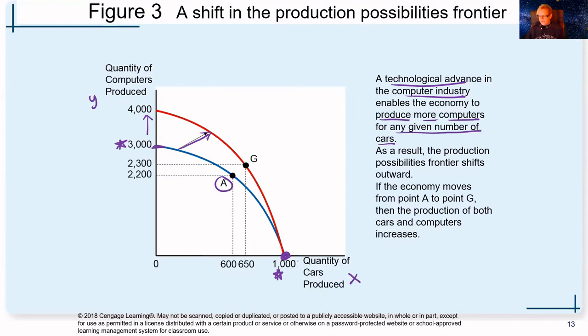If this were a different exercise and it allowed us to produce more at both points, then we would see the shift on both axes. So first pay attention to which one it is making easier to produce, and that's the one that shifts. If it says that you're able to produce all, then the entire graph will shift out.